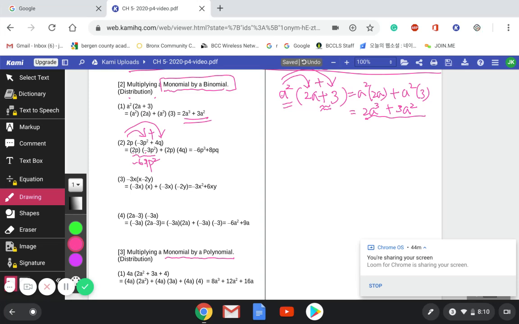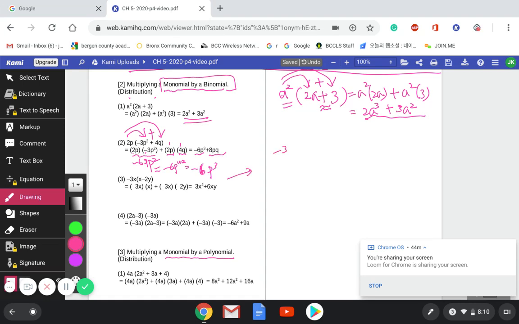So you end up with negative 6p to the 1 plus 2, so negative 6p to the third, which is this. And 2p times 4q, 2 times 4 is 8pq. Okay.